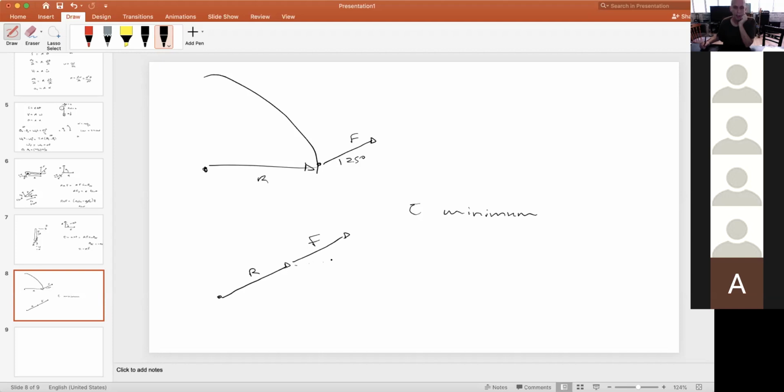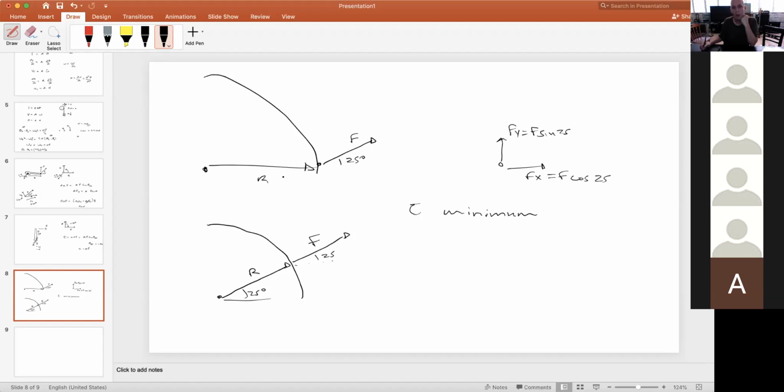So this has to happen when, if this is 25 degrees, R is also at 25 degrees, so that they lie along a parallel line. This would not cause our object to rotate, because all you're doing is pulling on it, right? You're pulling in the translational direction, or the direction parallel to the edge. Here, it would rotate, because when you break this force up, it would have an Fy that's F sine of 25, and an Fx that's F cos of 25.